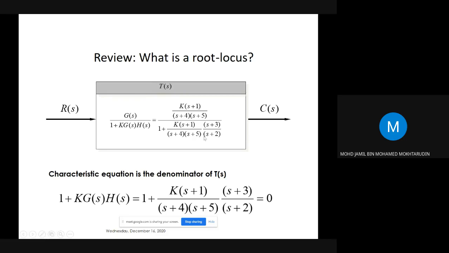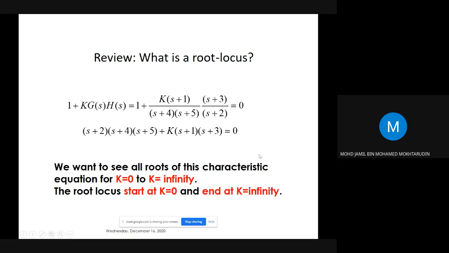The denominator is 1 plus k times (s+1)(s+3) divided by (s+4)(s+5)(s+2). The denominator becomes the characteristic equation of the transfer function. When you simplify the denominator, you get something like this.